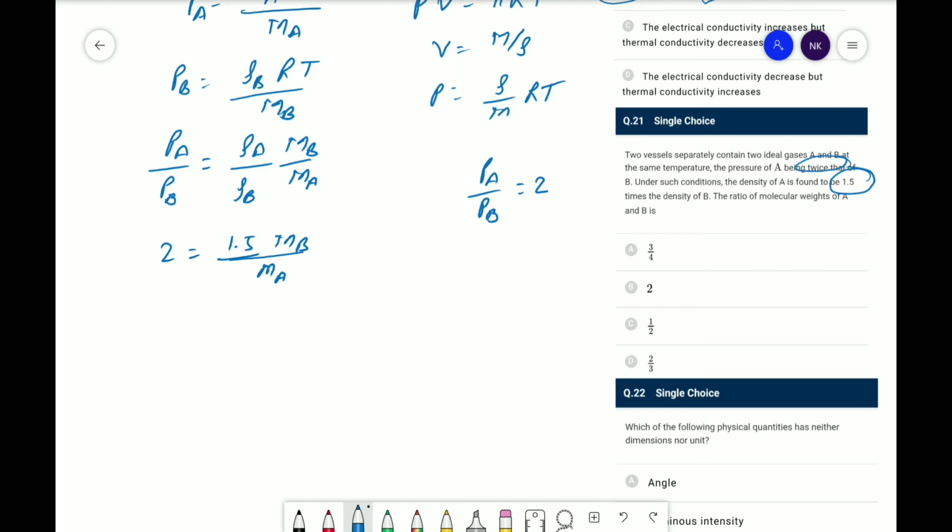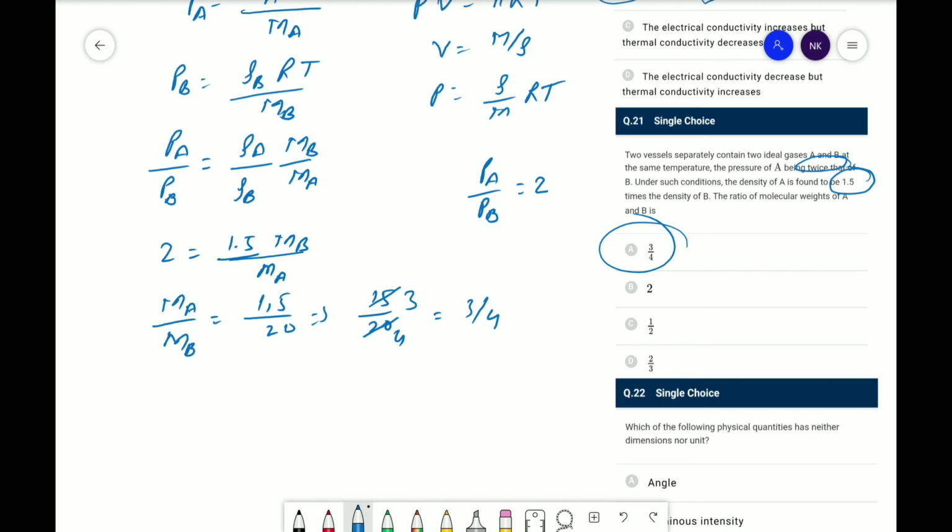Hence if you have to calculate MA upon MB, MA upon MB will be equal to 1.5 divided by 2. 1.5 divided by 2 means 15 upon 20, therefore 3 by 4. The correct answer is 3 by 4.